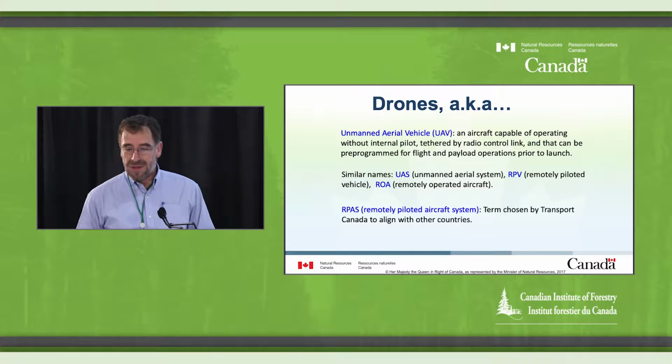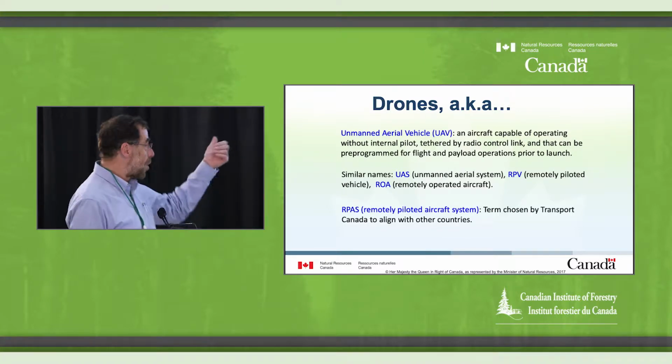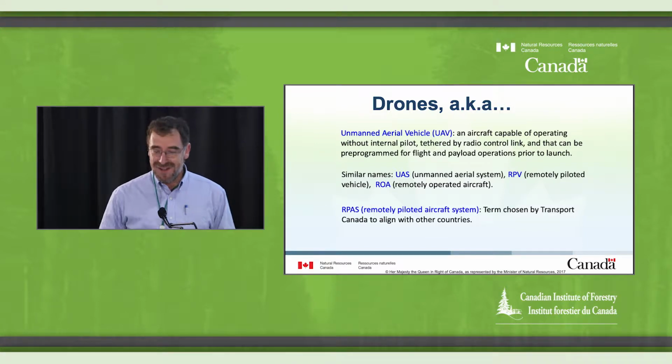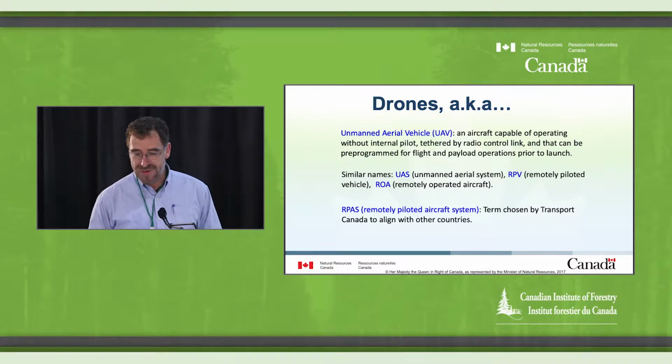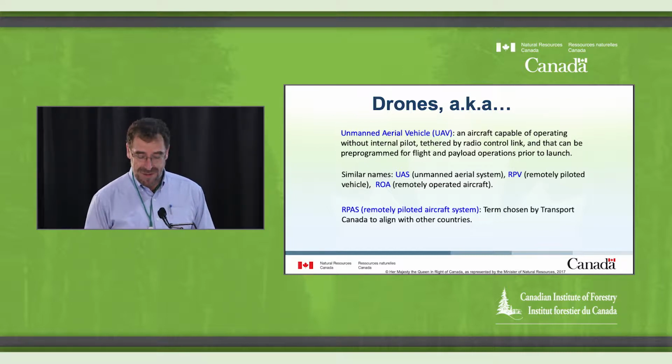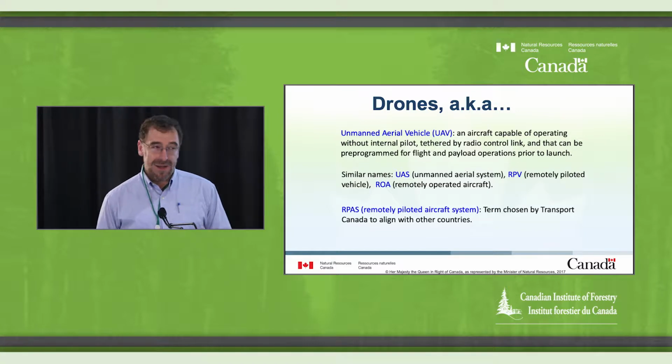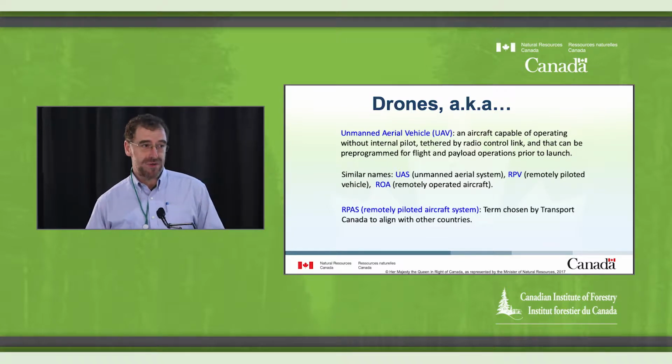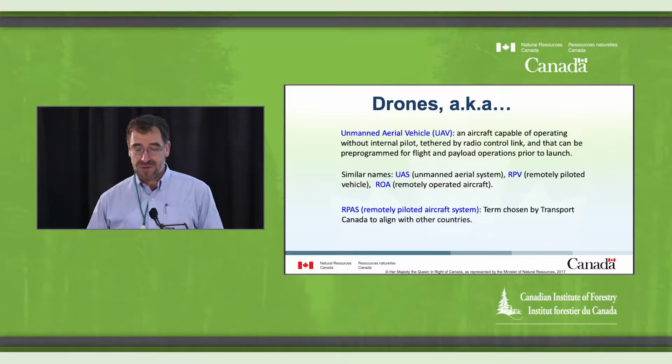So there are a lot of acronyms for drones. This is the most used, but there are others like UAS, RPV, ROA. Lately, Transport Canada has changed their rules once more, and they have also changed the preferred acronym.